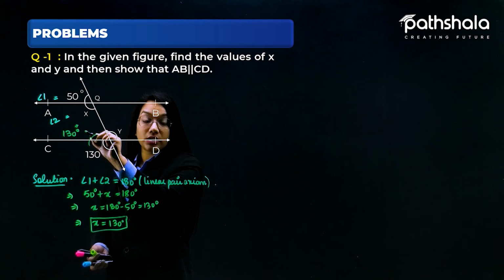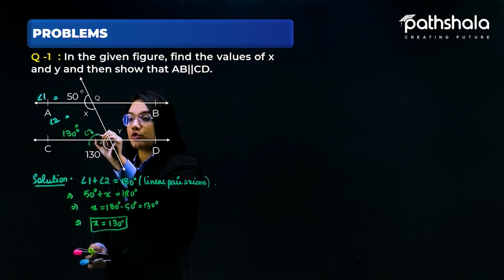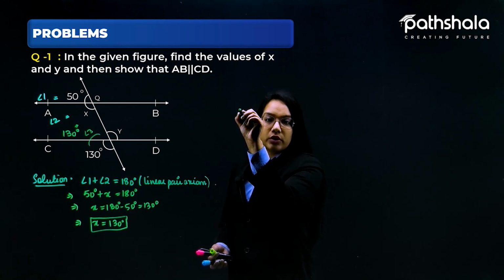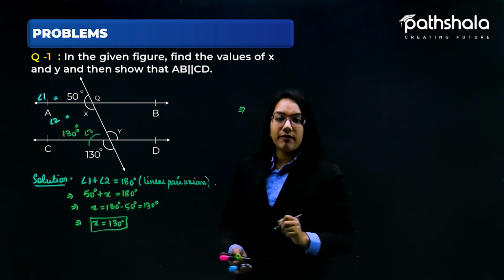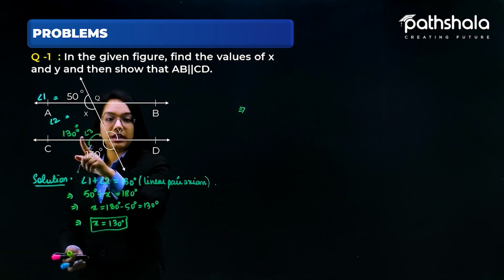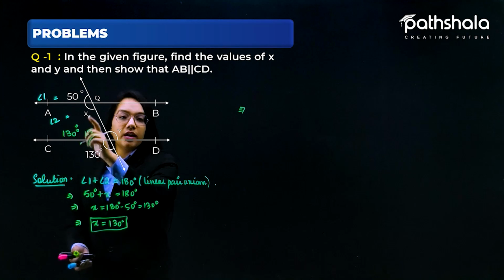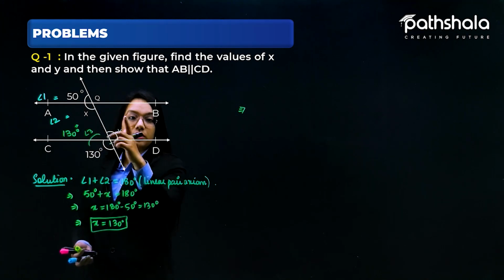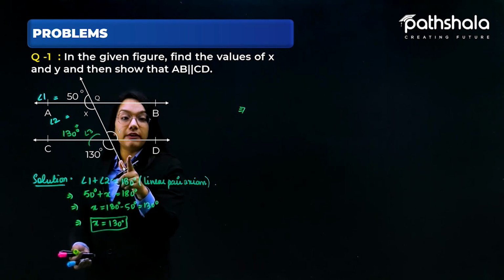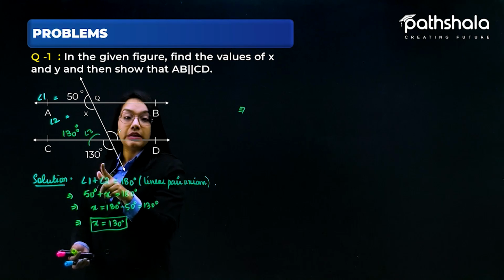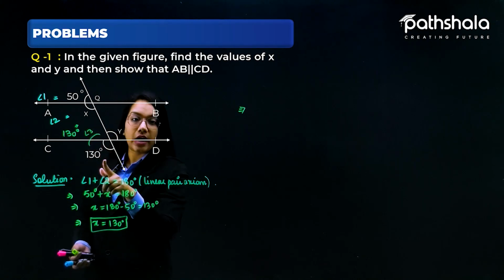Further, we can find the value of angle 3 as well, because this is a transversal to these two parallel lines, so if this angle is 130 degrees, then this angle and this angle are equal to each other.